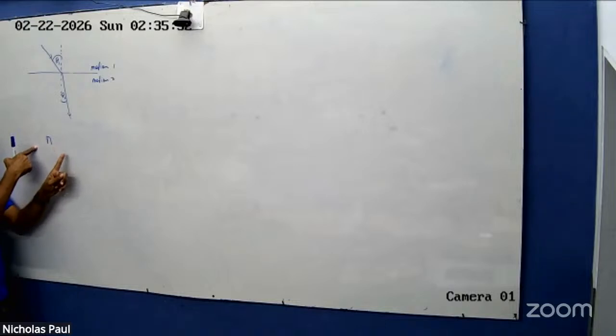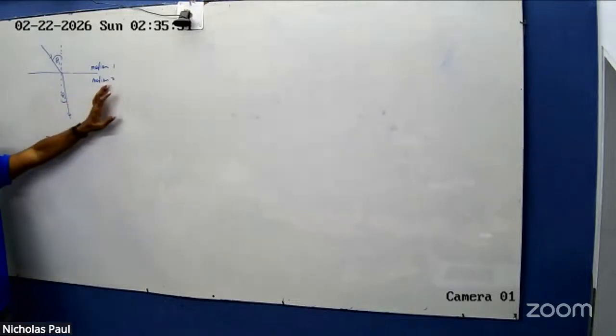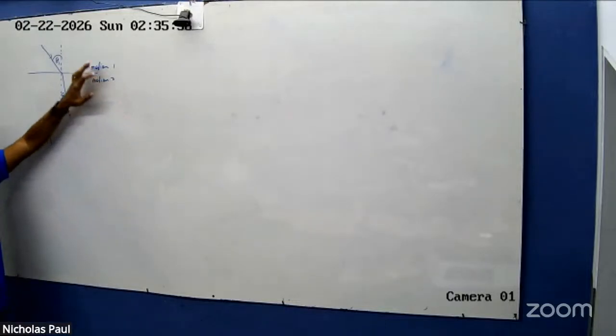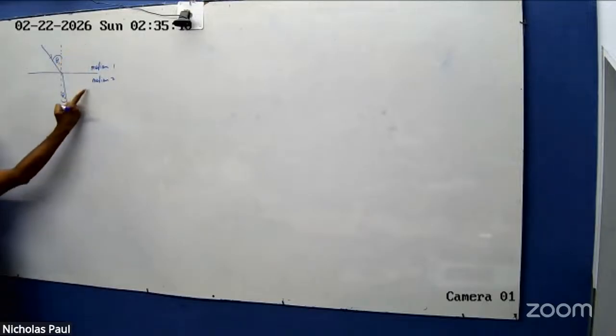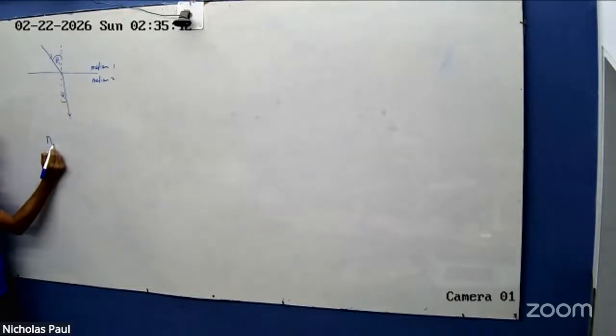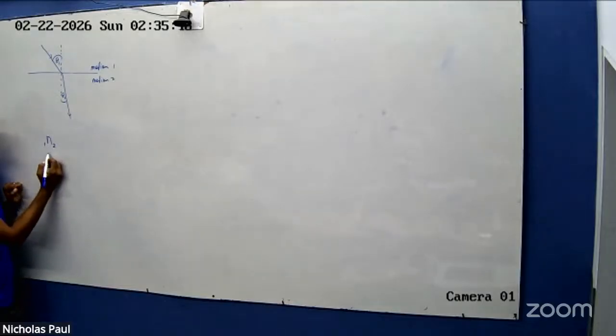Let's flip it around. Medium 2 is doing the refracting, and medium 1 is what it's with respect to. So here is the refractive index of medium 2 with respect to medium 1. I said it wrong the first time. Don't forget that. Sorry about that. So it's written like this.